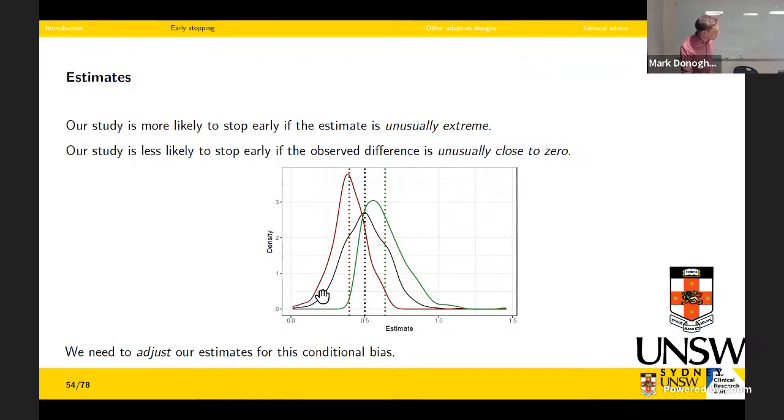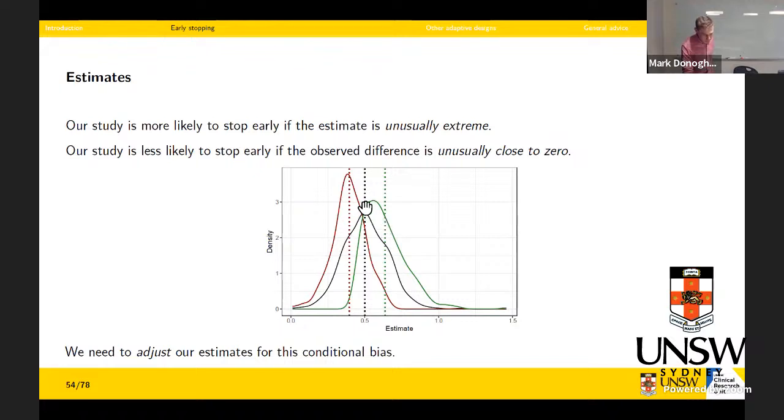So the black curve is the distribution of estimates if we just use a fixed design with 85 observations. The green curve is if we have an interim analysis and we decide to stop early. So you can see that the average result from the studies that stopped early is larger than 0.5.